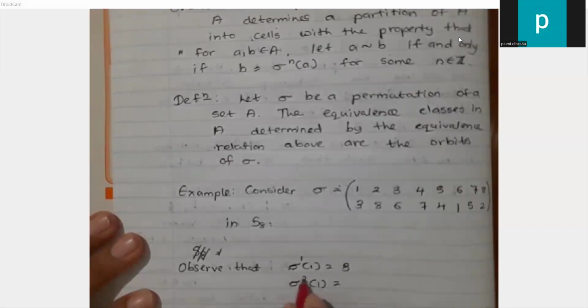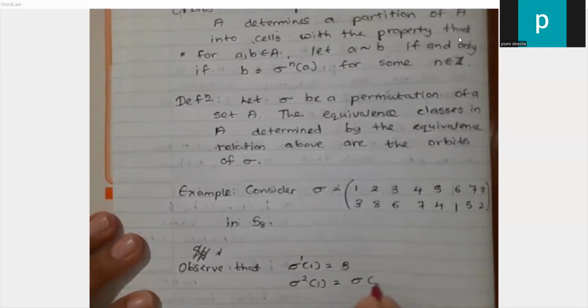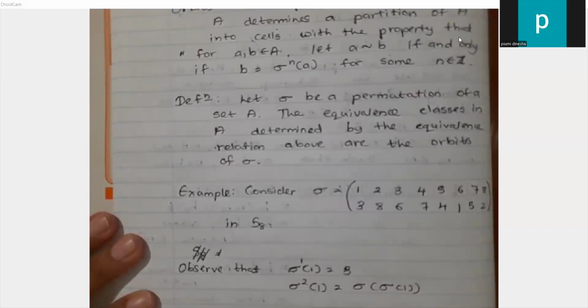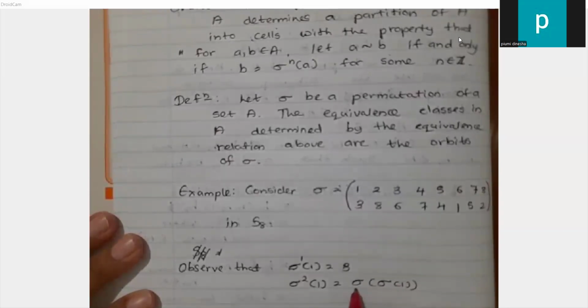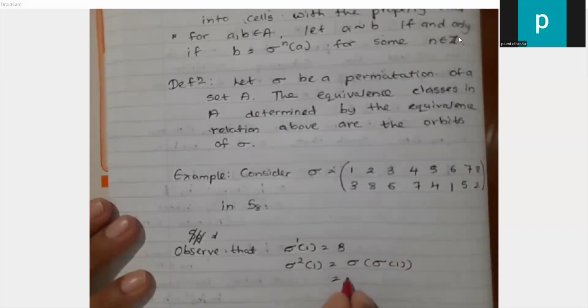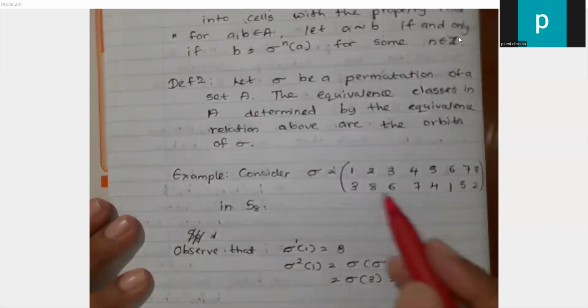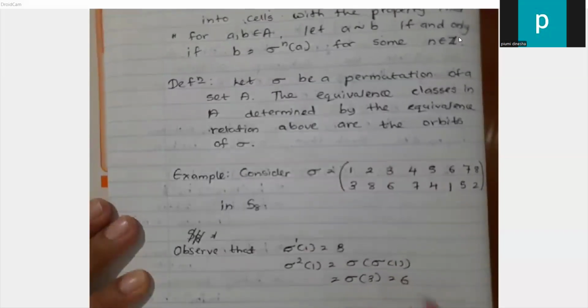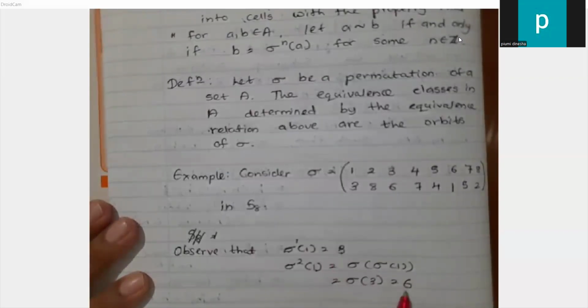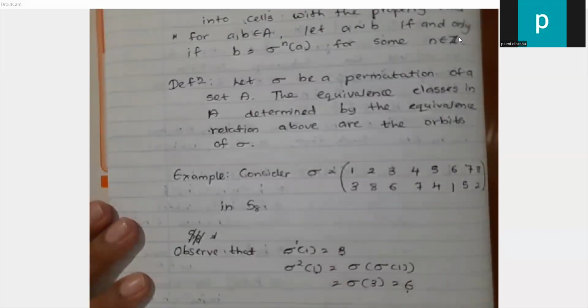Then let's calculate sigma squared of 1. This is simply sigma of sigma of 1, which refers to the composition of these two functions. So we've got sigma of 1 is simply 3. Sigma of 3 is sent to 6. So this is equal to 6. So now we see that 1, 3, even 6, they belong in the same orbit, right?